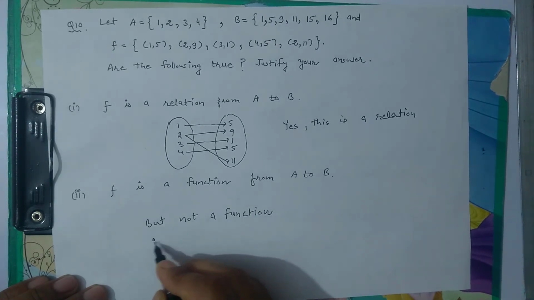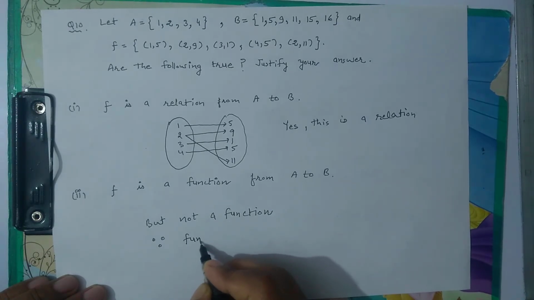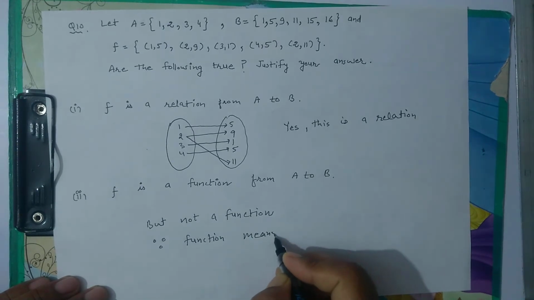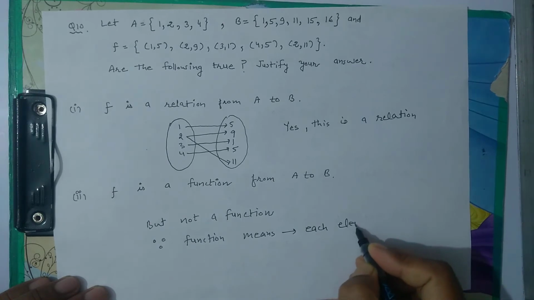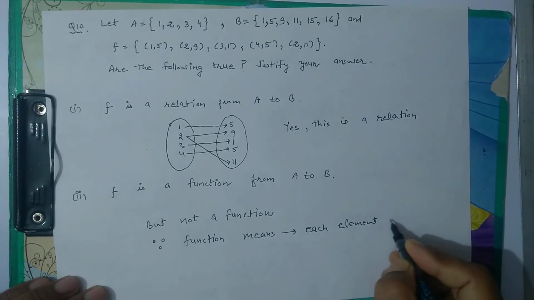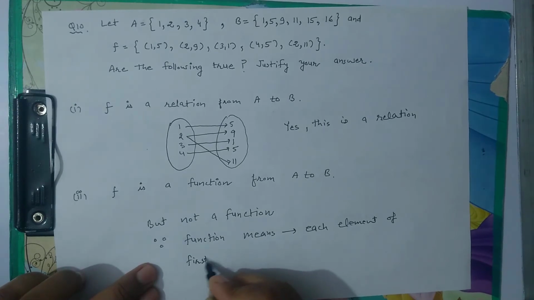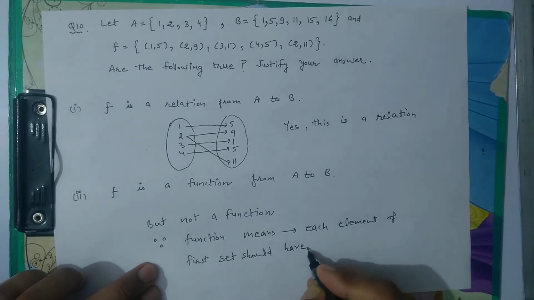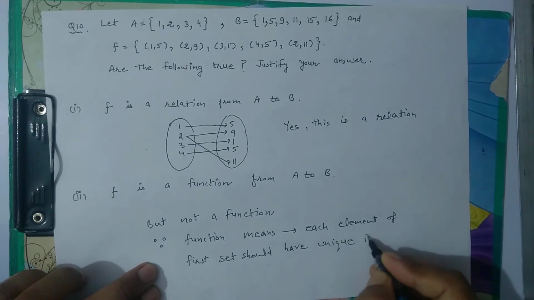Why? Because a function means each element of the first set should have a unique image.